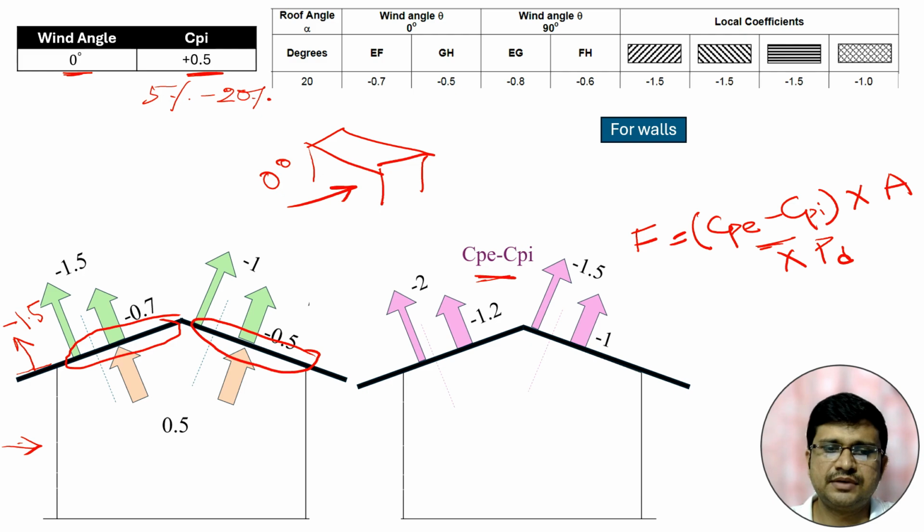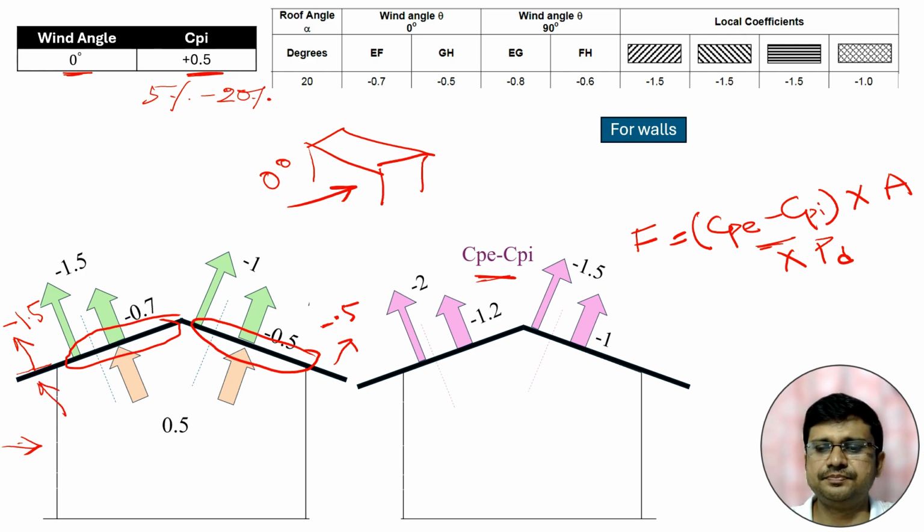Just beside this overhanging portion, the value we consider for the non-overhanging portion, we will consider for the overhanging portion. So here we will consider minus 1.5 and here minus 0.5, same as the non-overhanging part just beside this particular overhanging part. So this value will be the same for the top, and for the bottom, how much will we consider?